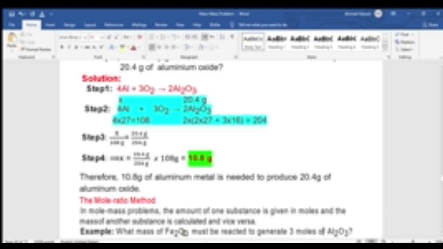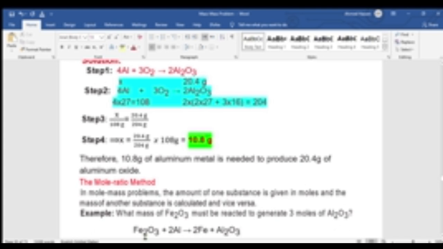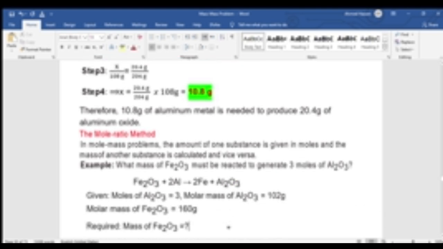First you write the balanced chemical equation, and you write x above iron(III) oxide and 3 moles above the aluminum oxide as follows.